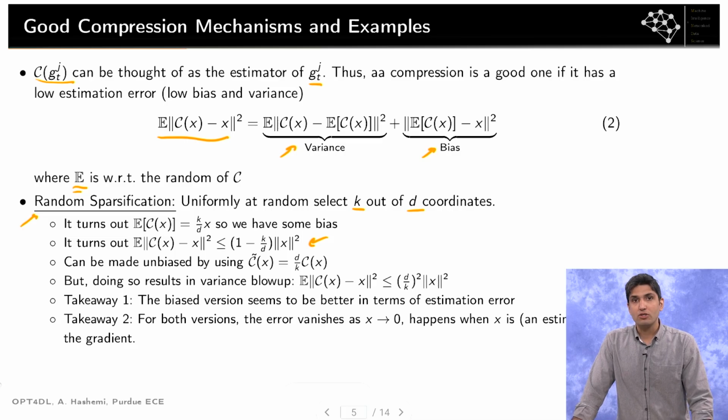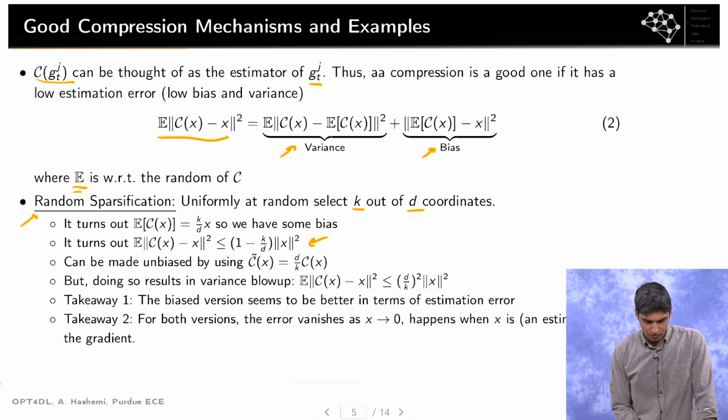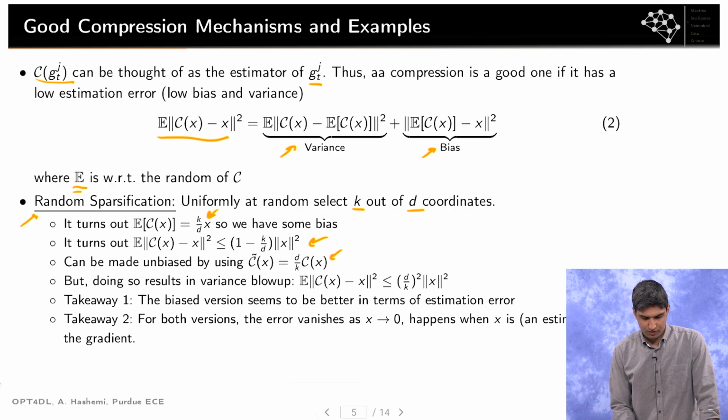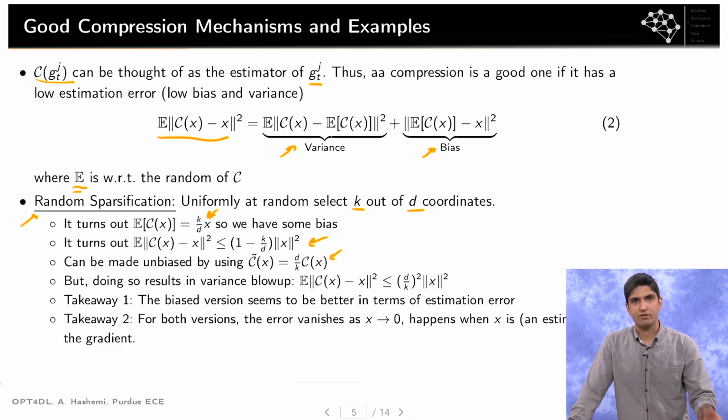But maybe you want to have actually an unbiased estimator. And there is a way to make this compression mechanism unbiased. All you need to do is to look at the expected value. So you see this factor of K over D, and I want to get rid of that. Basically, I want to make sure that that factor is equal to 1, such that there is no bias. So what I can do there is to define another compression mechanism that takes this random sparsification and multiplies it by d over k.